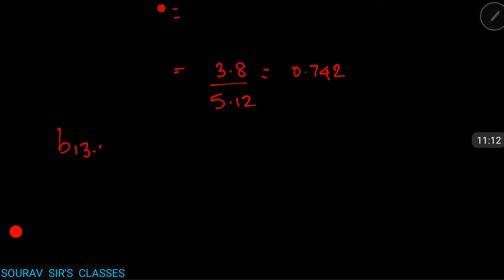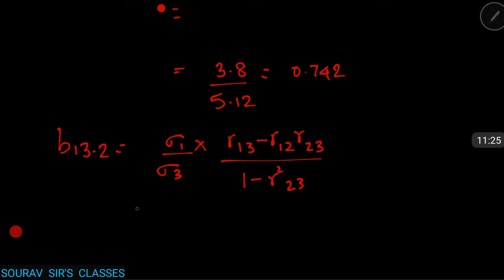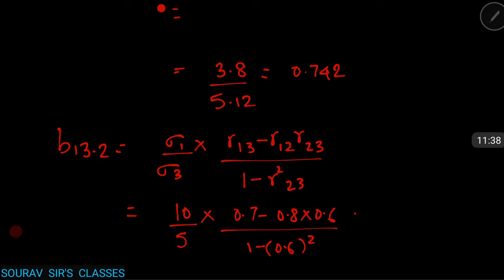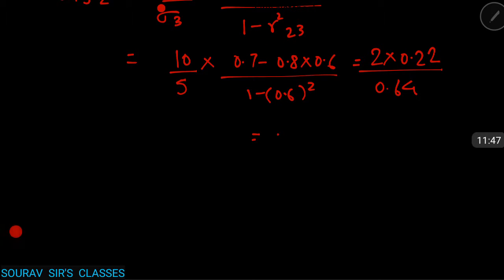Next, b13.2 is equal to sigma 1 divided by sigma 3 into r13 minus r12 into r23 divided by 1 minus r squared 23, which is equal to 10 by 5 into 0.7 minus 0.8 into 0.6 divided by 1 minus 0.6 whole square, which is equal to 2 into 0.22 divided by 0.64, which is equal to 0.44 divided by 0.64, which is equal to 0.6875.